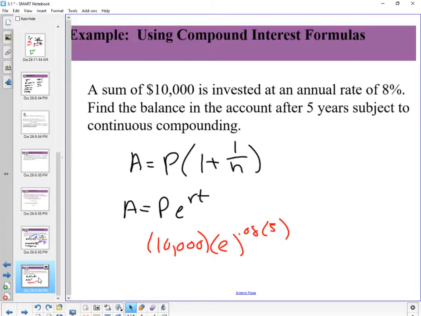I'm gonna do it with my calculator. No, I want to try it the other way because I know my calculator can handle a big number.